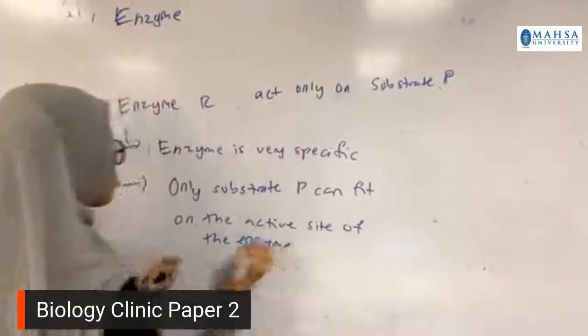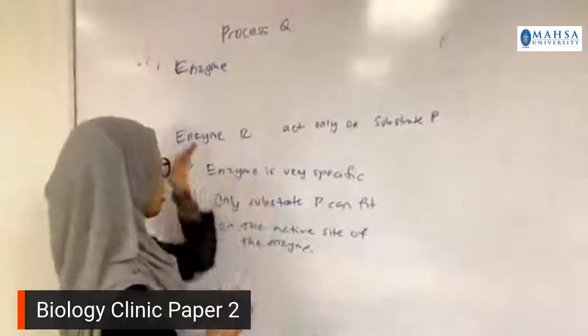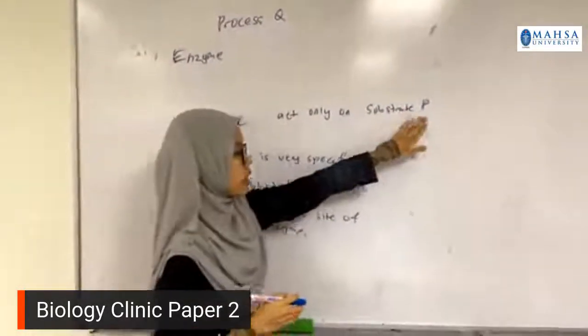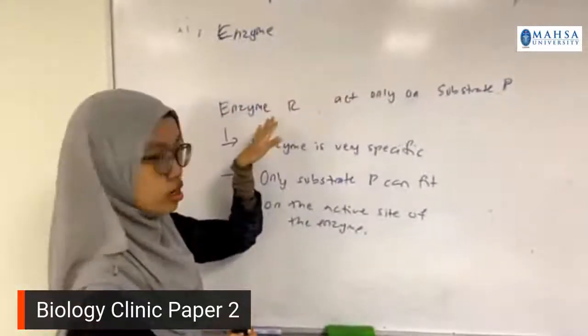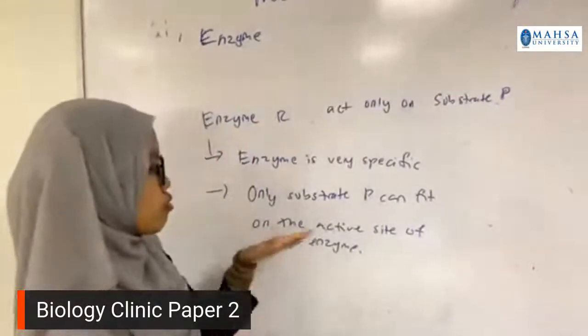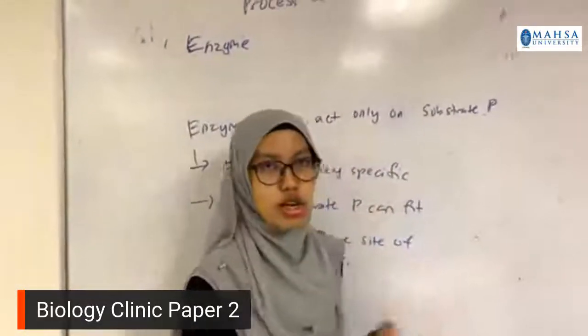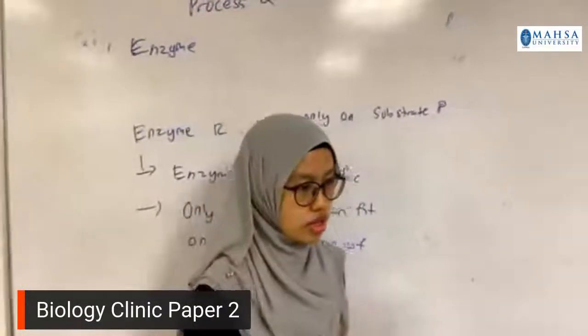Please make sure you remember that enzymes are very specific. Substrate P needs to bind with the active site of the enzyme. This one is 2 marks if I'm not mistaken. Okay, moving on to the next question.